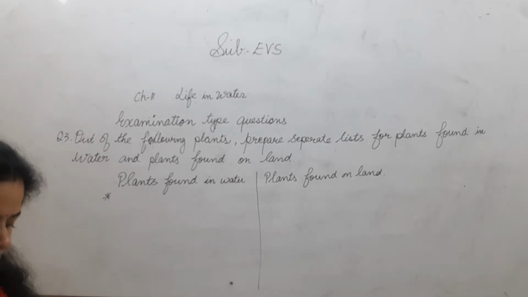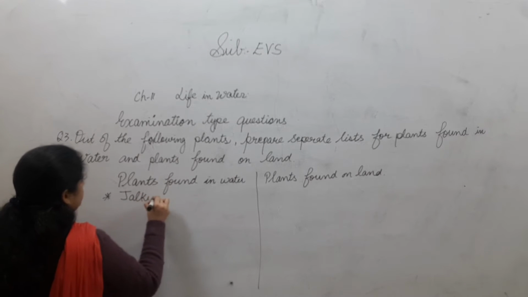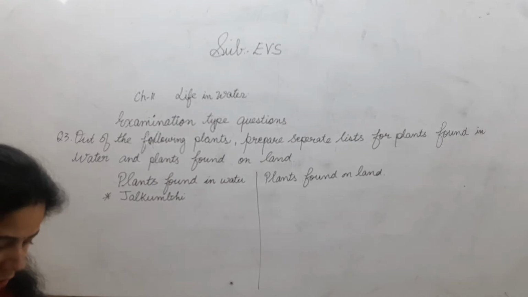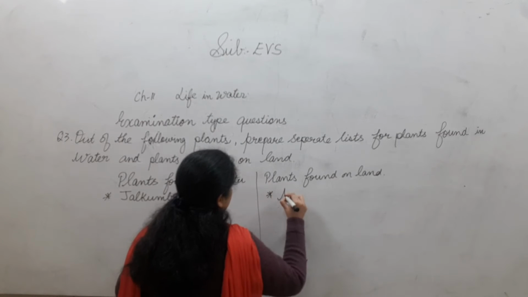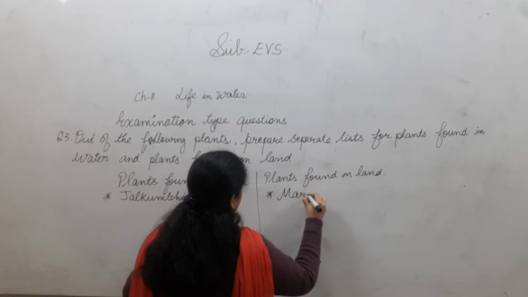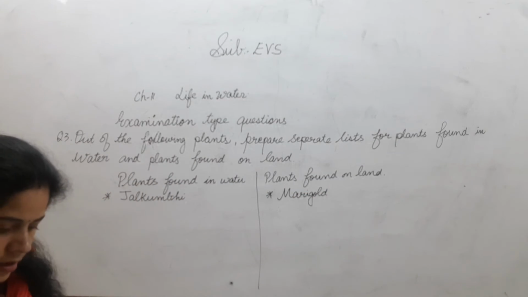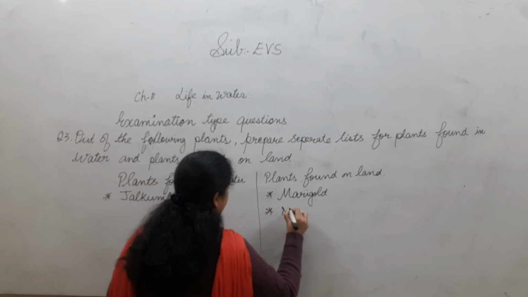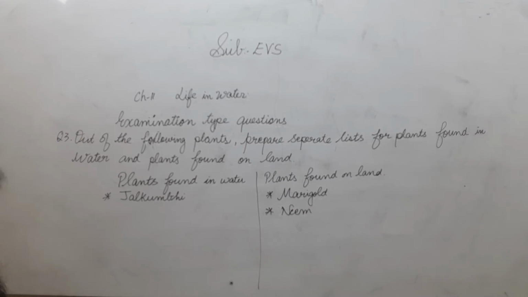So they have given you the plants. Jalkumbhi is found in water. Second is marigold. Marigold is found on land. Second is neem. Neem is found on land. Next one is lotus.